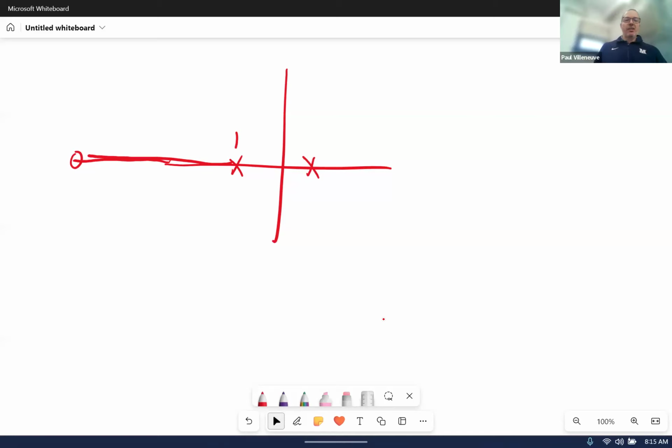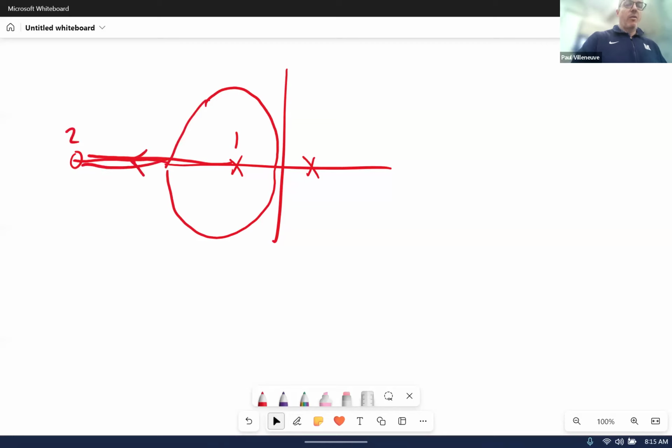Now the question is, where are my poles and where are my zeros? So what you'll need to do is, if you only have two, you're going to have to actually break away. And then if you reconnect over here, you'd have two over here. And how do you know that you have two on the left-hand side? Because your break-in point is right here.